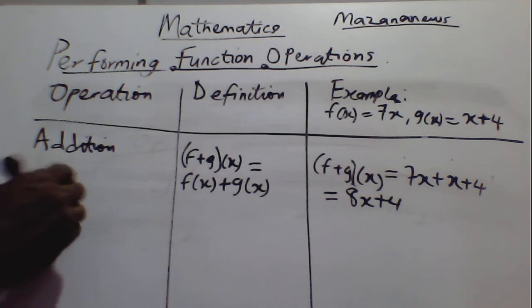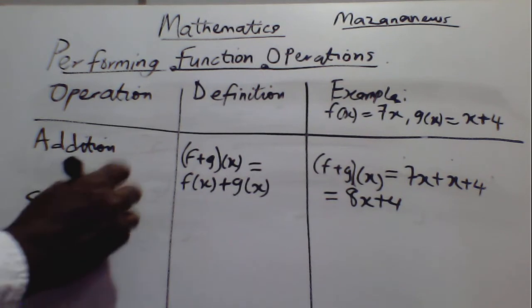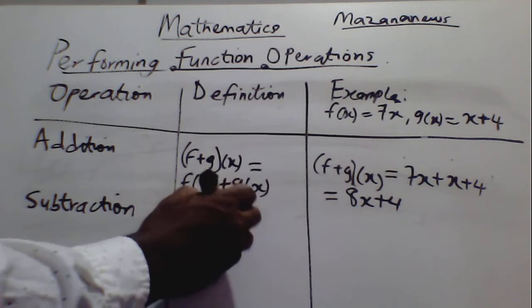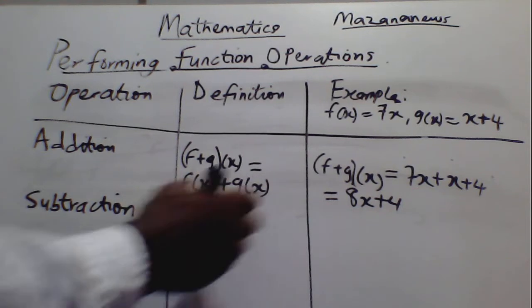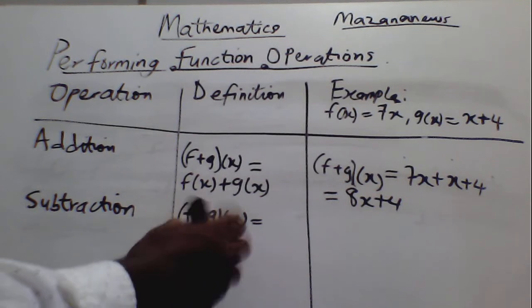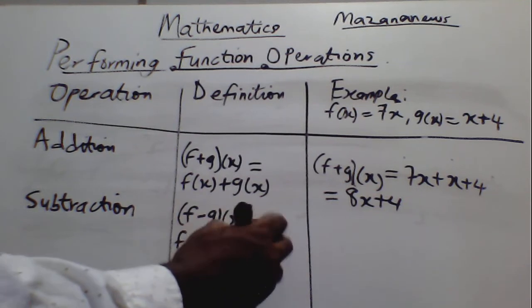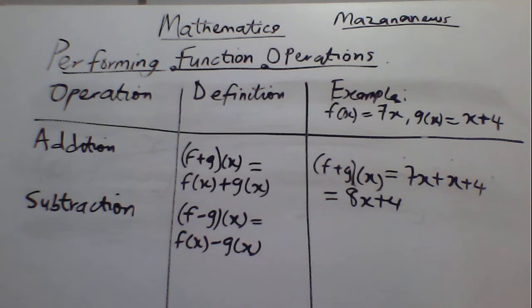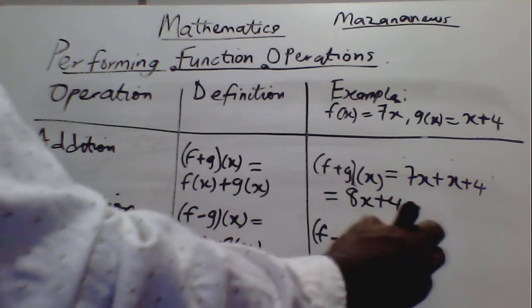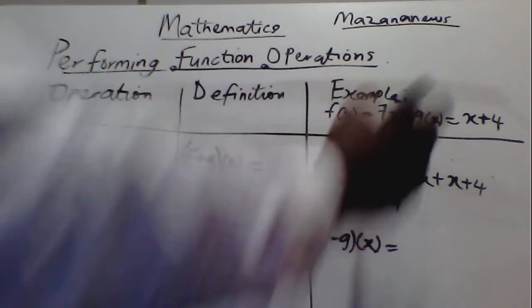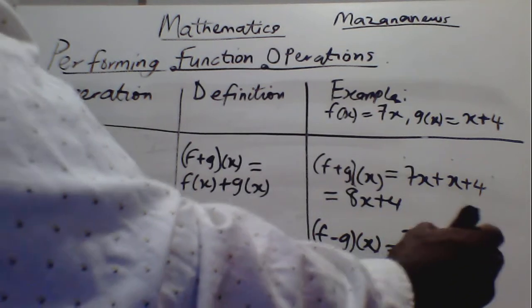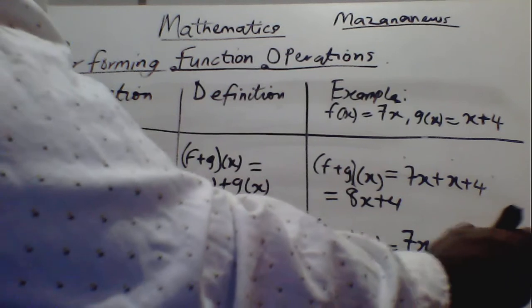So let's go for subtraction. In this case, g subtracted from f, a function of x, is the same as f of x minus g of x. So in this case, f minus g is a function of x. Let's perform it here. We have 7x minus, in bracket, x plus 4.